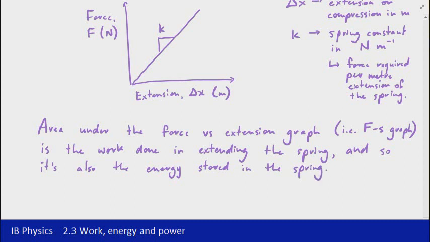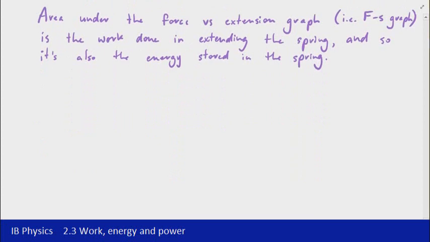So that then means in this graph, if we consider this point here where we've got an extension of delta x and a force of F, then this area under the graph here is going to be the work that's done in extending the spring, or the energy that's transferred to it in the form of elastic potential energy.